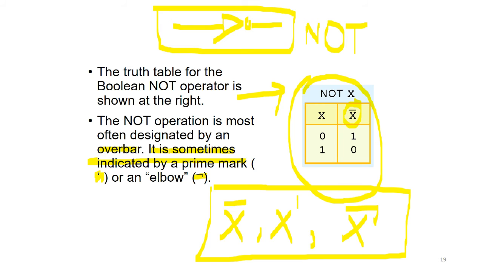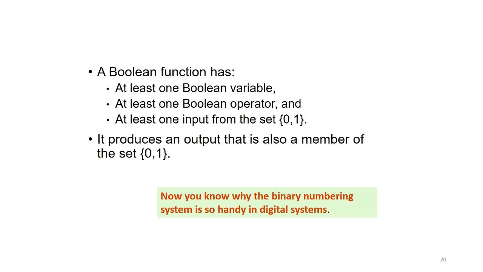In different books you will find different notations, but all of them symbolize a NOT gate. As you can see, if a value passes through a NOT gate, it gets negated. What do I mean by that? If we pass 0, we will get 1. If we pass 1 through a NOT gate, we will get 0 at the output. Okay, so this is what we get.